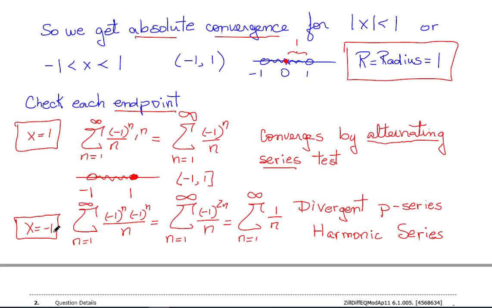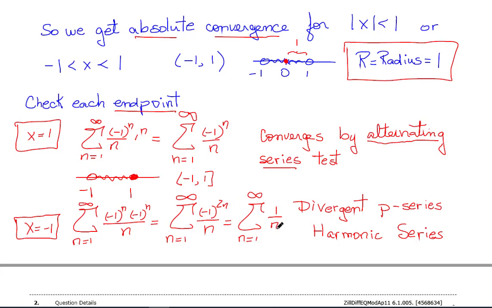All right, so what about the other endpoint? Well, minus 1 plug in. So that's minus 1 to the n times minus 1 to the n, which is minus 1 to the 2n. Well, 2n is always even, and so minus 1 to an even number is a positive one.